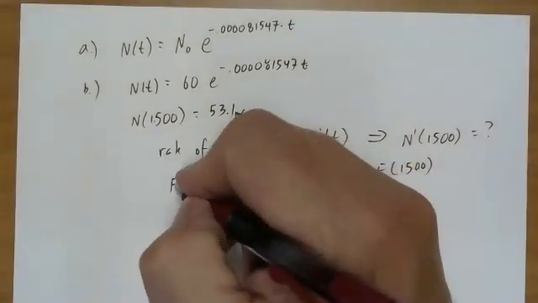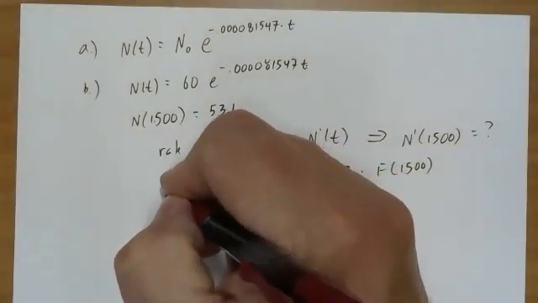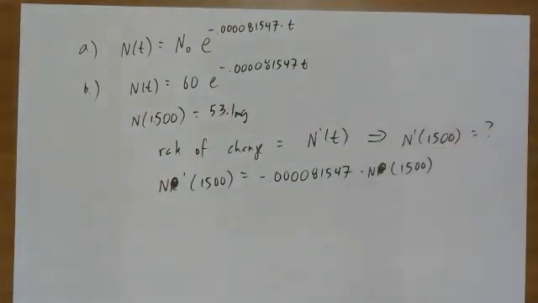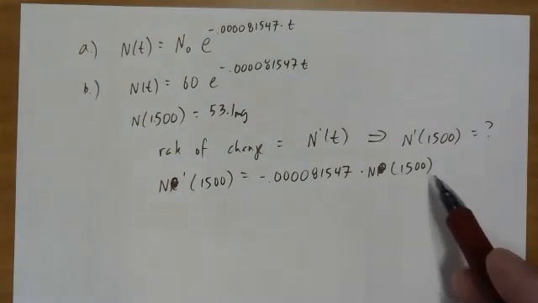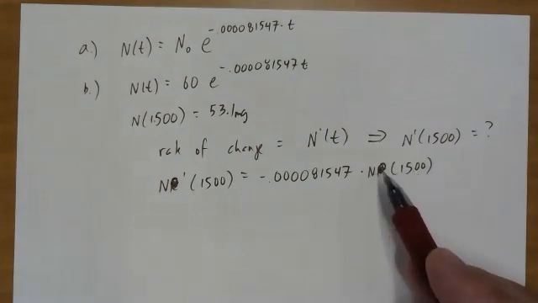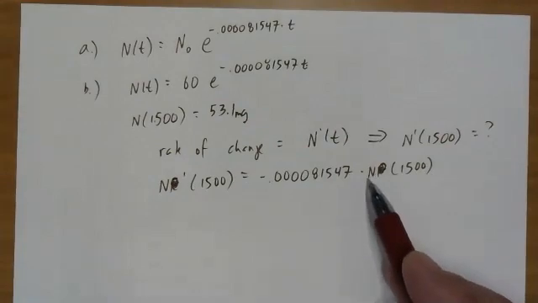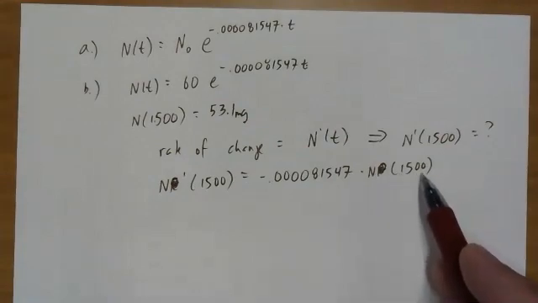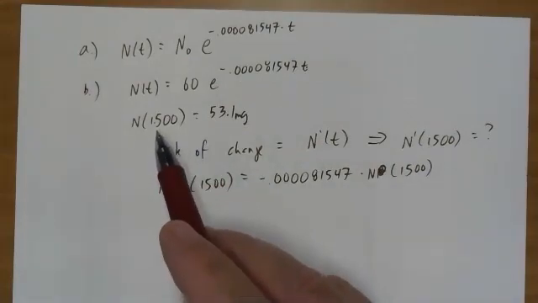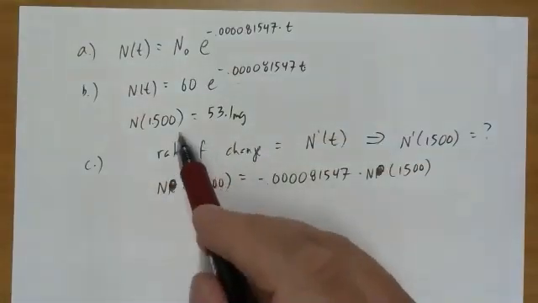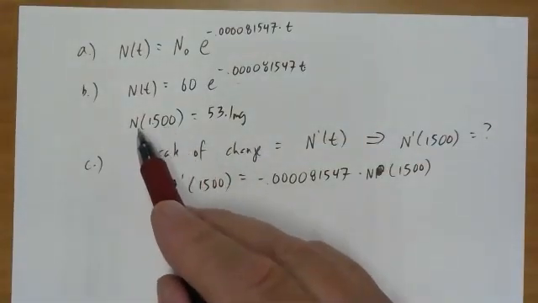Oh, sorry. You probably noticed this. I should have called these n's. But you know what? That's what I'm trying to find. I need to know n at 1500 years. And what's nice is the part before, part B, we calculated n at 1500 years.